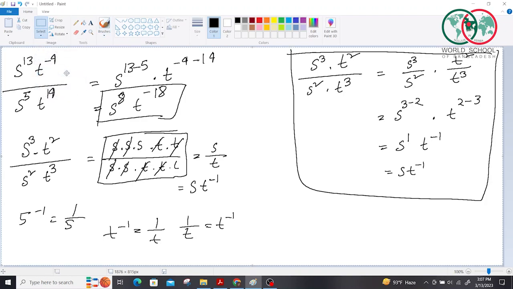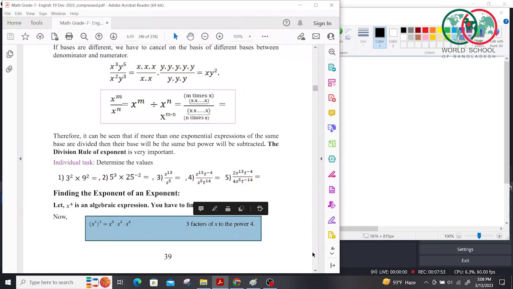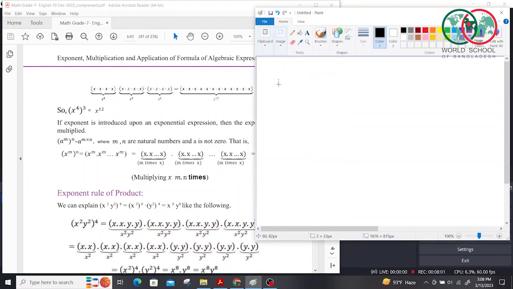Okay, next, we have also seen this: x square y square to the power 4. We already know that when a power is raised to a power, they multiply, but here there are two variables.